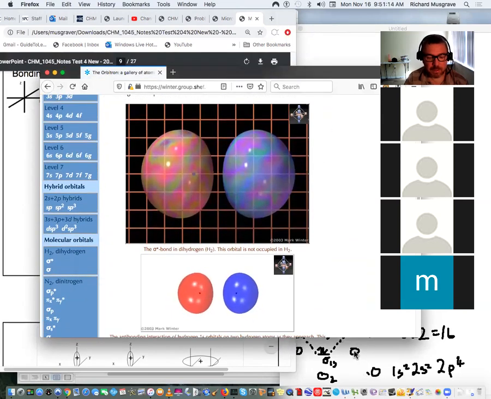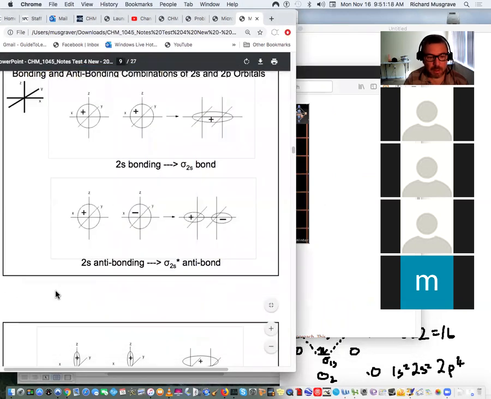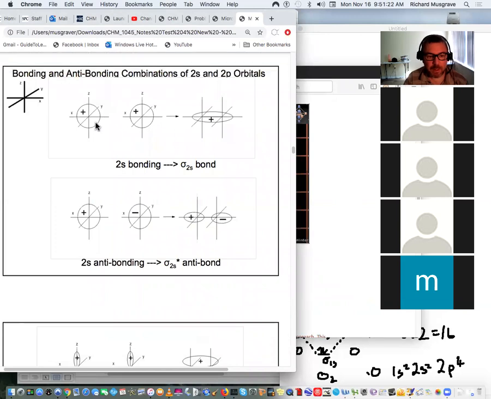That's anti-bonding right there. Does anybody have any questions? 1s, 1s. This is bonding, this is antibonding. Any questions?